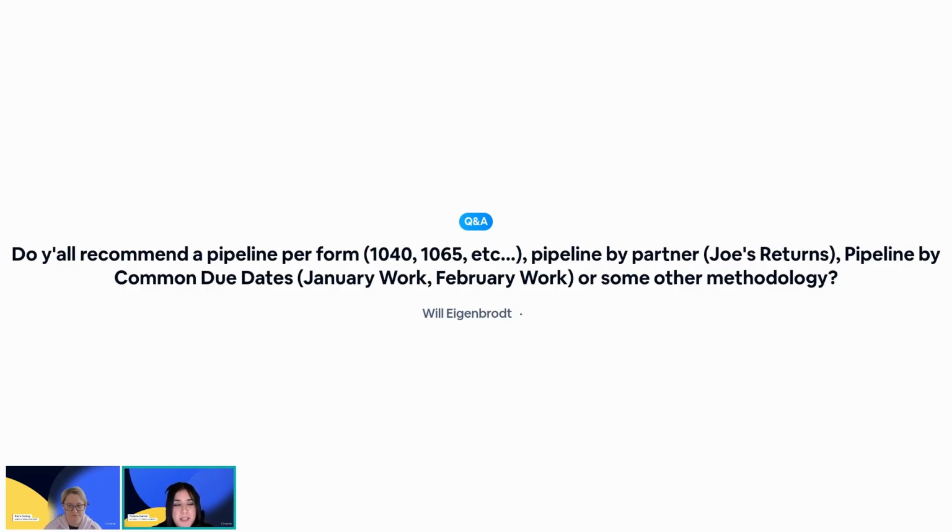I couldn't say the best practice for now because it just depends on how you want to be organized. But if you're a little bit more advanced, I feel like with the use of TaxDome, eventually you probably want to just use one pipeline for all tax returns. That might be easy unless you have 1,000 business returns and 1,000 individuals. Maybe you want to have a separate pipeline for them, right?